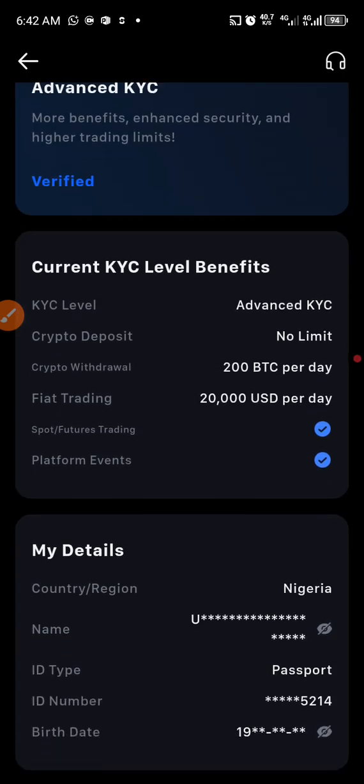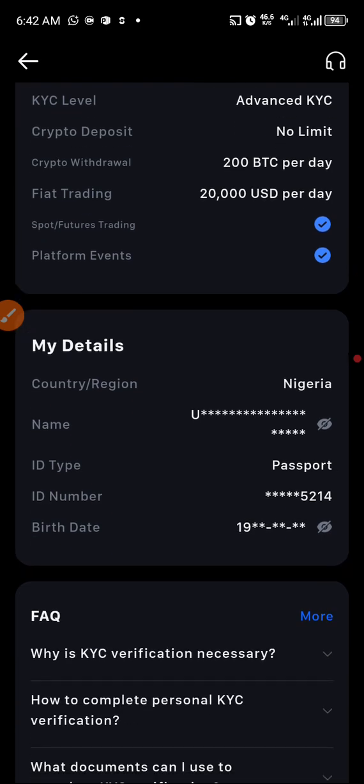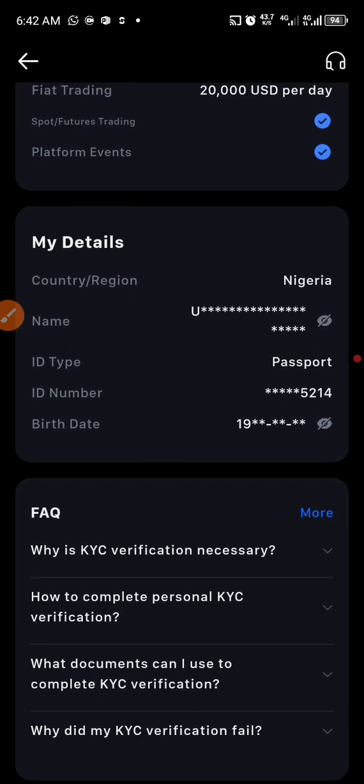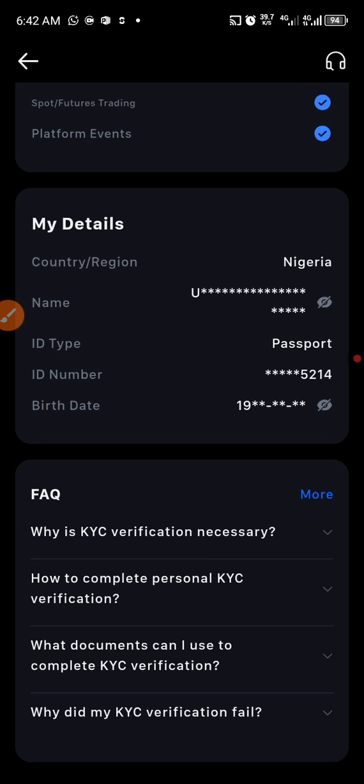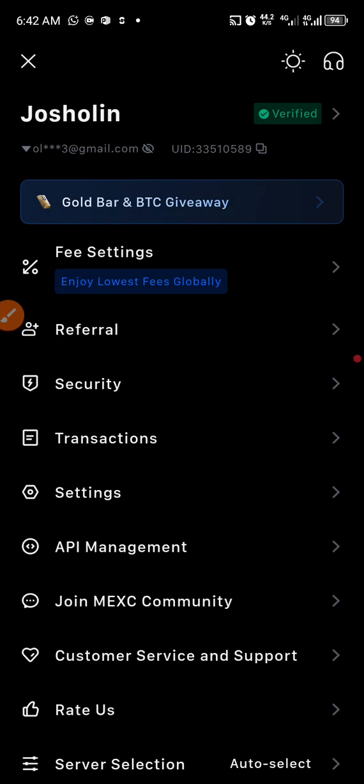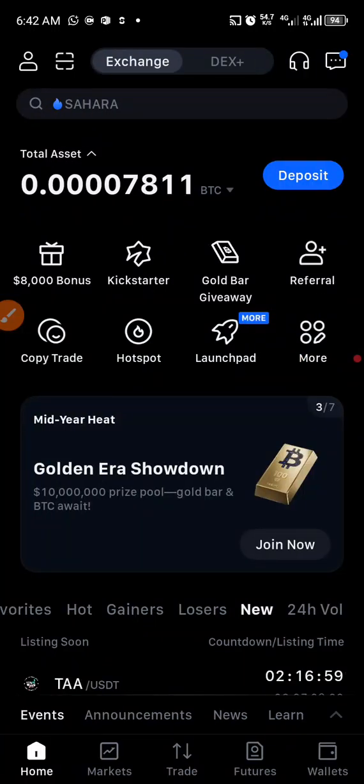They will ask you for your country, your real name, then a government issued identity card. Once you've submitted that, your account will be verified. Then once it's verified, boom, you are set for trading.